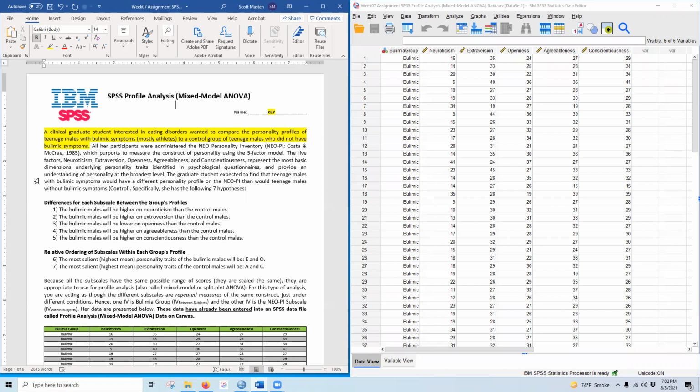Then they have 2 hypotheses about the relative ordering of those subscales for the bulimic males and non-bulimic males.